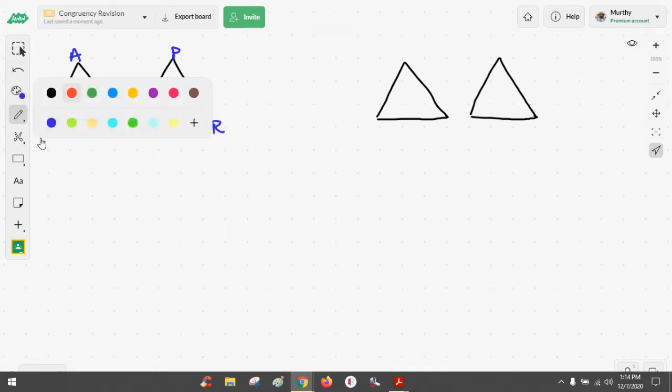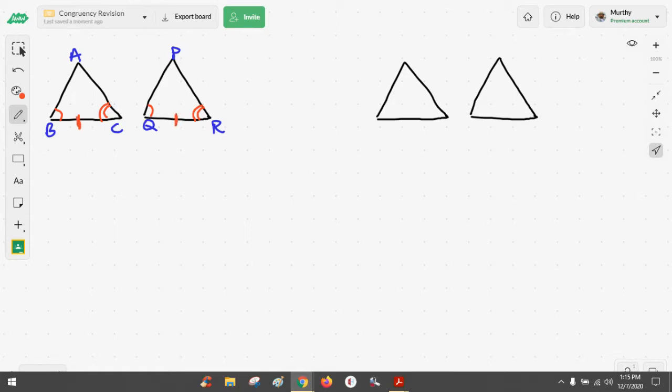Again, I'm marking, you see that angle B and angle Q, these two are marked with a single stroke. Angle C is double stroke and angle R double stroke. That shows that angle B equals angle Q and angle C equals angle R, and side BC equals side QR.